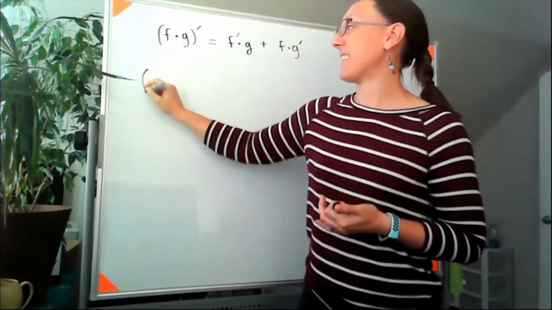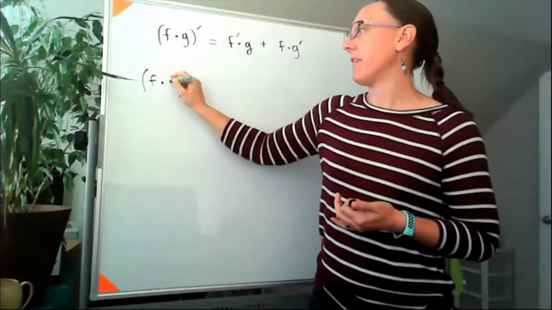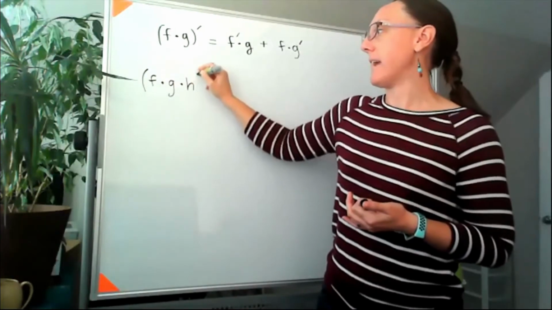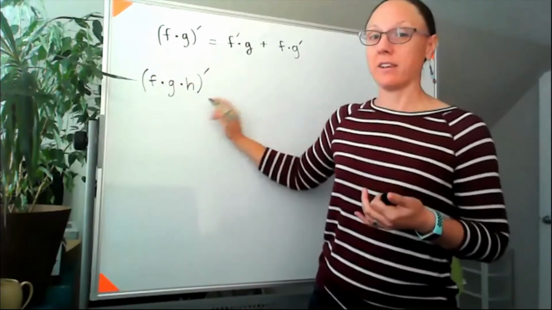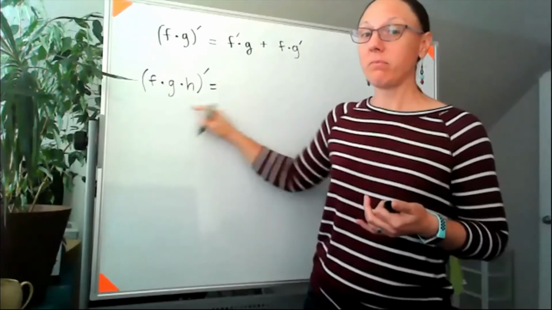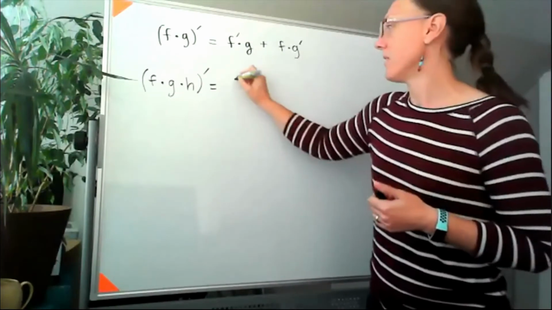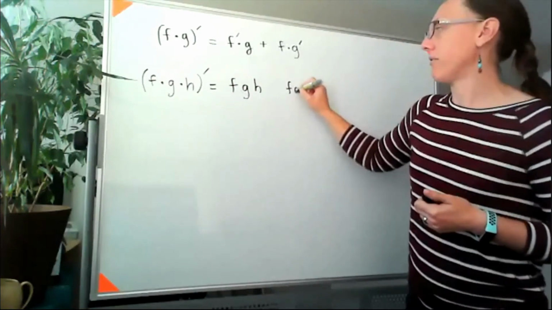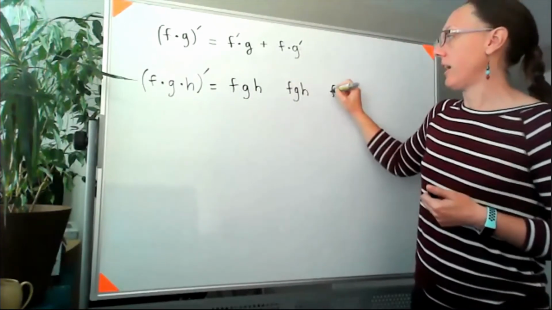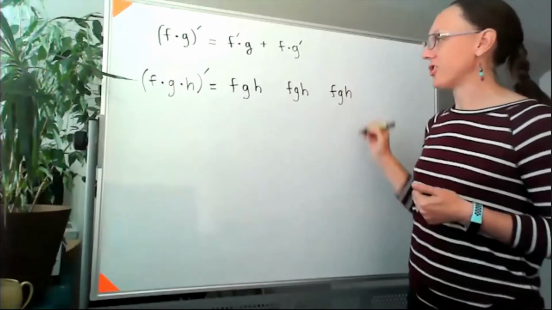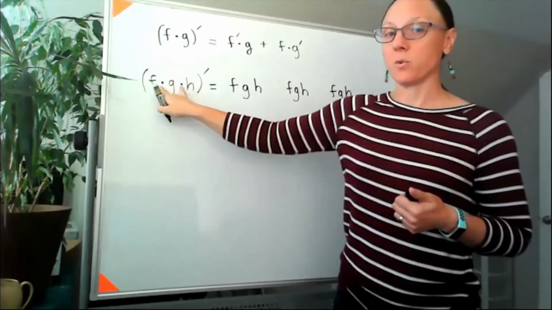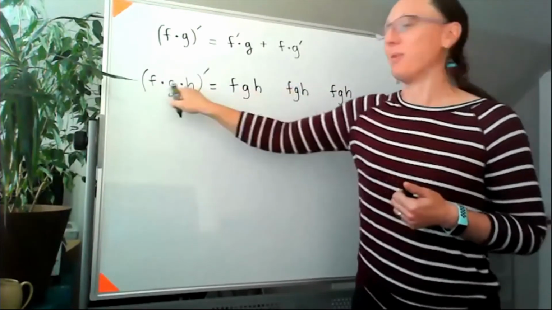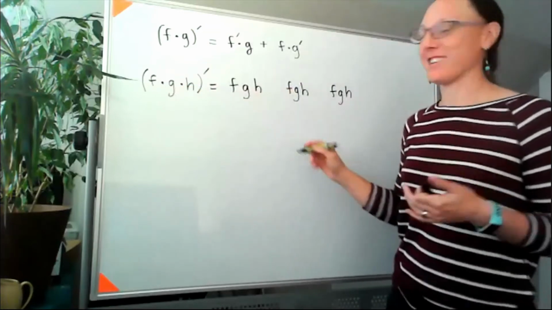Now, the reason I like this is that if I have an f times a g times an h, meaning I've got three things multiplied together, I'm going to write them 3 times. So I'll have f, g, h, f, g, h, and f, g, h. What usually goes with multiplication is addition.